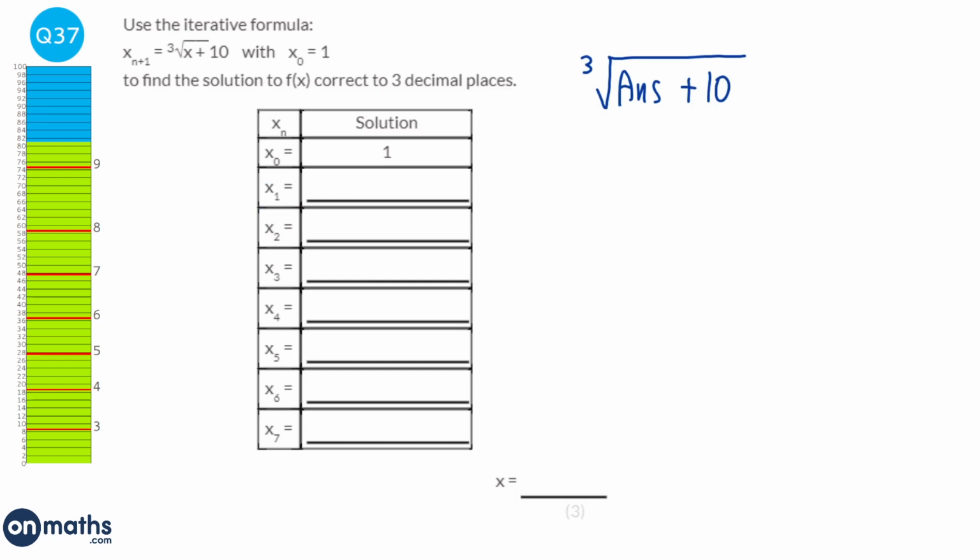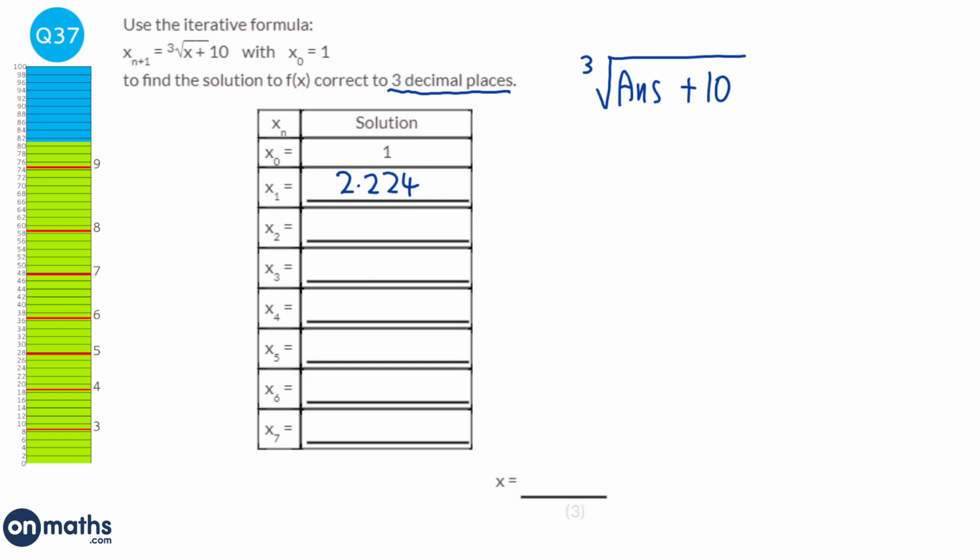So if we press equals, we get 2.22398, blah, blah, blah. Because we're looking for 3 decimal places, we're just going to work that out to 3 decimal places. So it'll be 2.224. Then all we need to do now is press equals again, because instead of using the 1, it will use the 2.223980091, etc. as the answer.